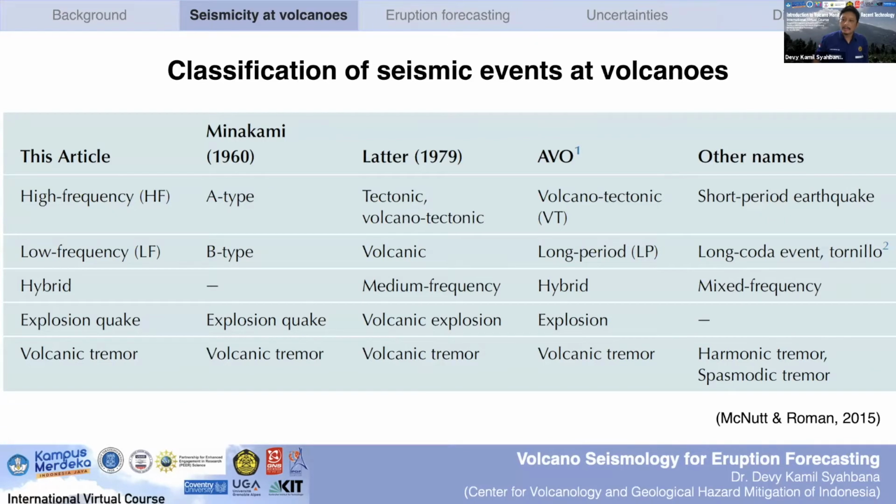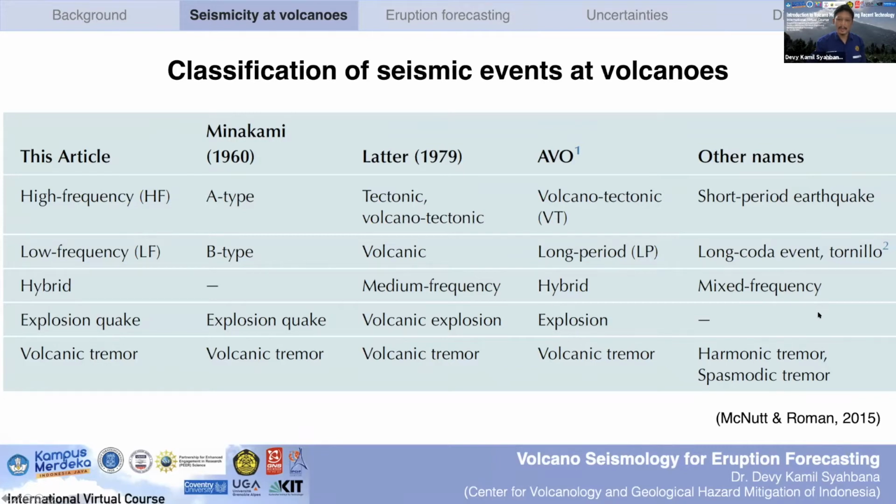Other names you can find are short period earthquake for a high frequency event, long coda event or tornillo, and mixed or hybrid, also called mixed frequency or multi-phase in Merapi, for example. And harmonic tremor for the volcanic tremor; there are harmonic tremor and also spasmodic tremor.